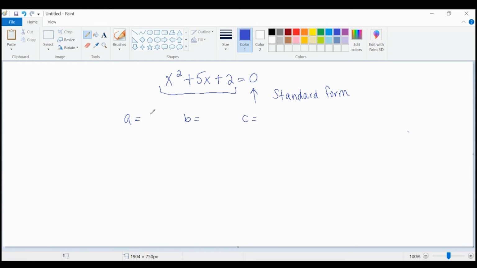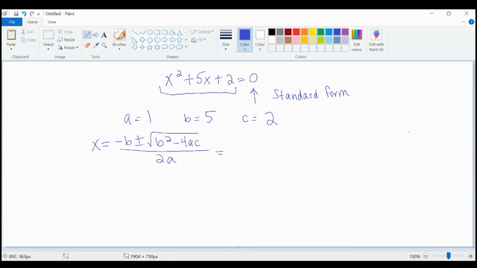a, recall, is the coefficient of the x squared term, so that is 1. b is the coefficient of your linear term, so that is 5. And c is your constant, so that equals 2. Our formula again is x equals the opposite of b plus or minus square root b squared minus 4ac all divided by 2a.